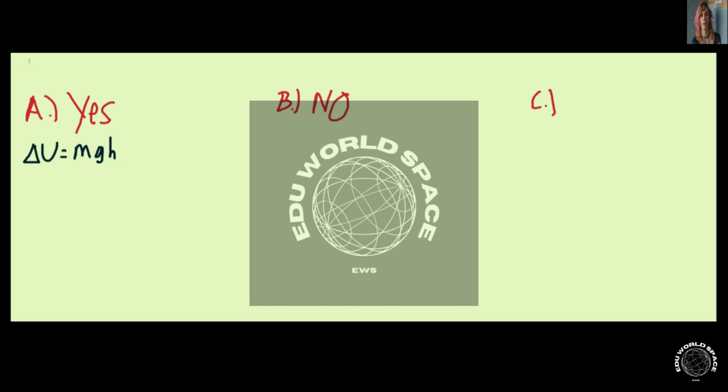There may be multiple things that can affect whether or not your gasoline is going to be burned thoroughly, and that can affect the amount of work that your system is doing. So work is not a state function, so it's not independent of path. So that's a no here.